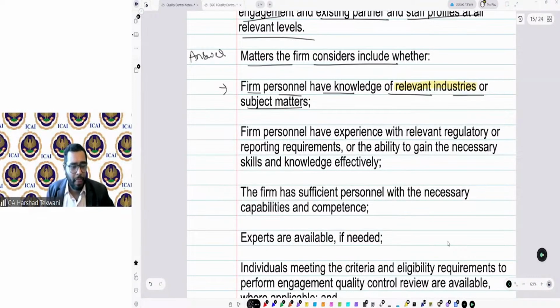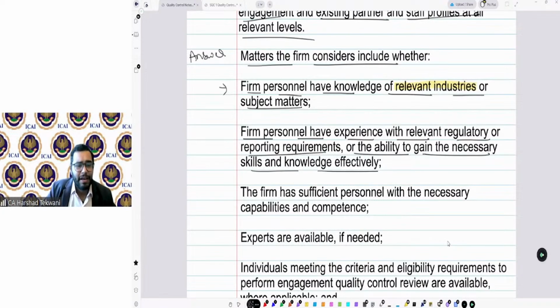Second, the firm's personnel have experience with the relevant regulatory or reporting requirements, or the ability to gain the necessary skills and knowledge effectively. For example, you are going for the audit of an insurance company. Does your team have experience of the relevant regulator, that is IRDA, and its reporting requirements?